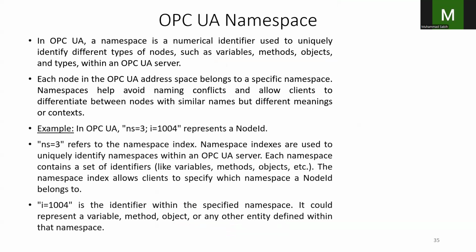Now, what is NS? In OPC UA, the namespace plays a critical role in ensuring uniqueness and avoiding naming conflicts.